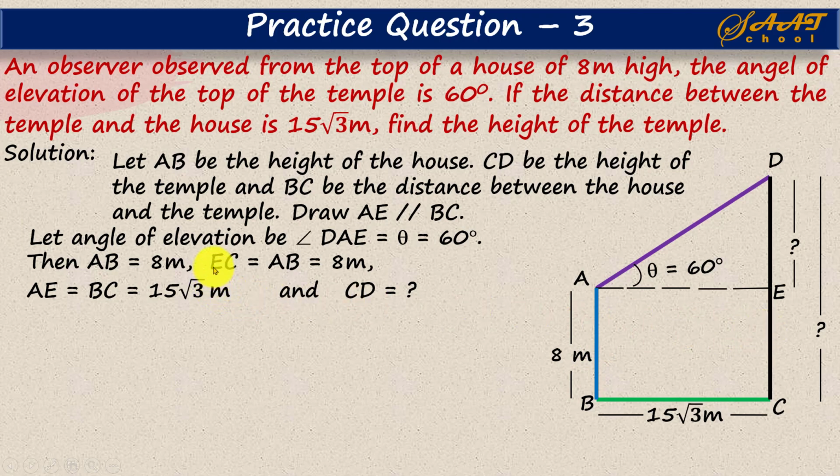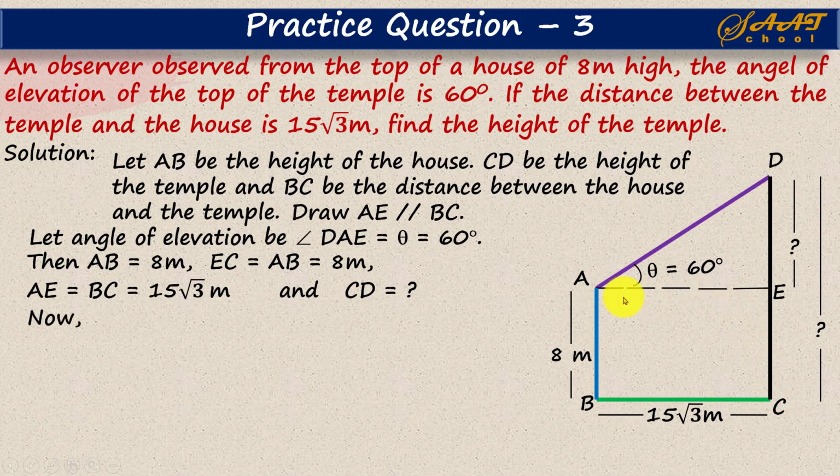So EC is equal to AB, which is 8 meters. And again, these two opposite sides are also parallel. So we can say this AE is equal to BC, which is 15 square root of 3 meters. And we have to find this CD, that is the height of the temple.